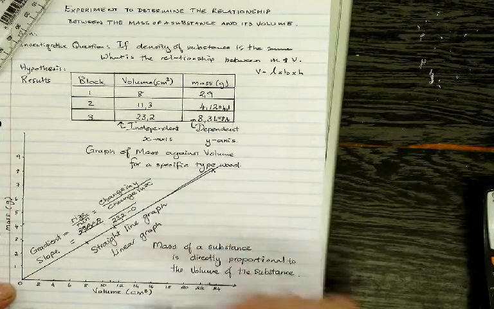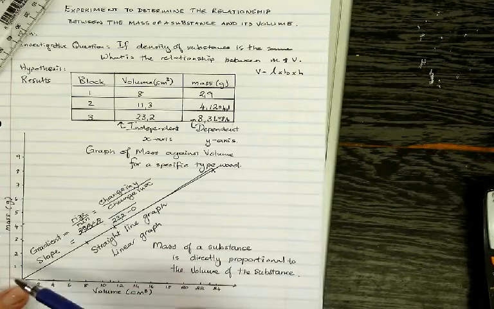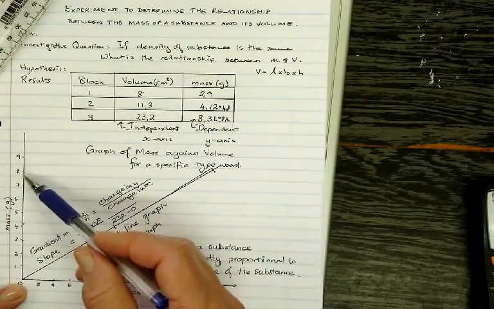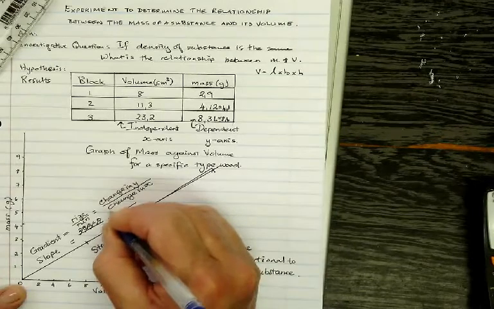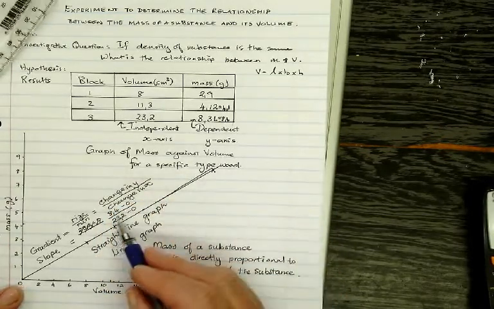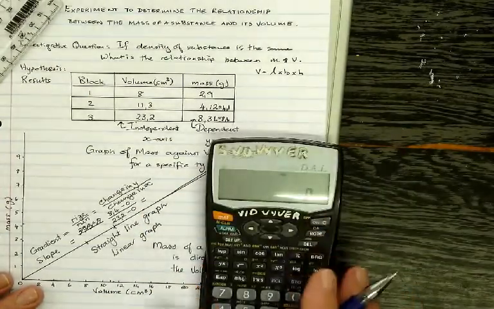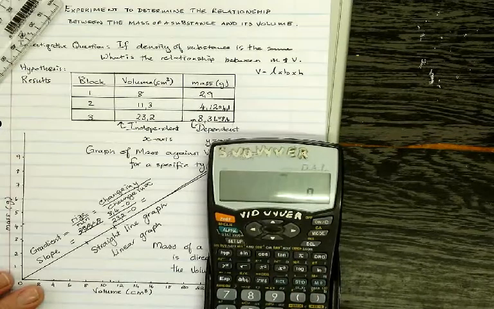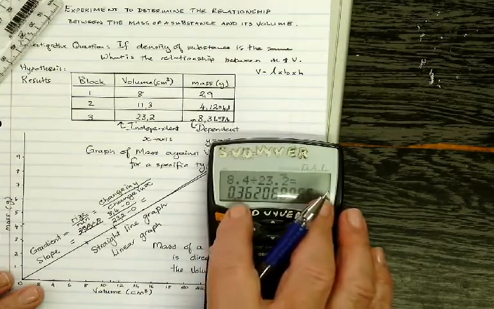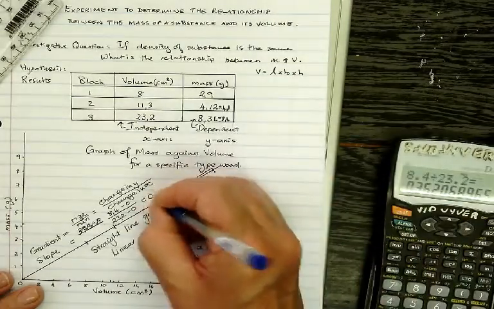And the change in y would be from 0 to 8.4, which is what we used. So it's 8.4 minus 0. So the rise over run, which means gradient, would be 8.4 divided by 23.2, which is 0.36. We'll round it to 2 decimals. 0.36.